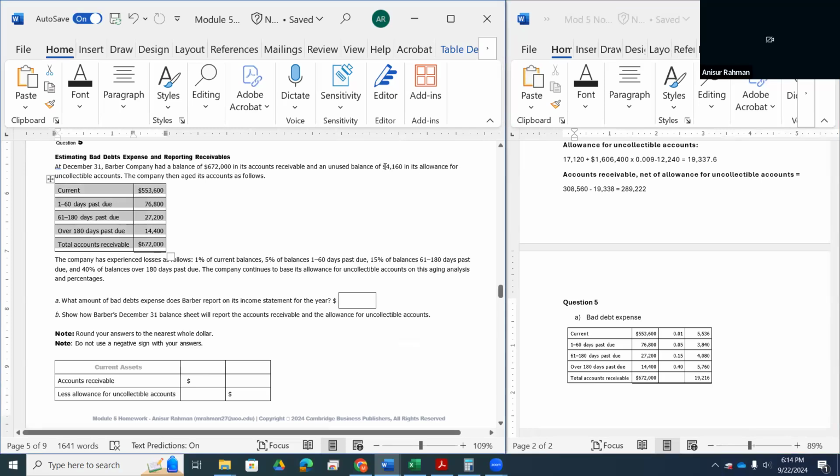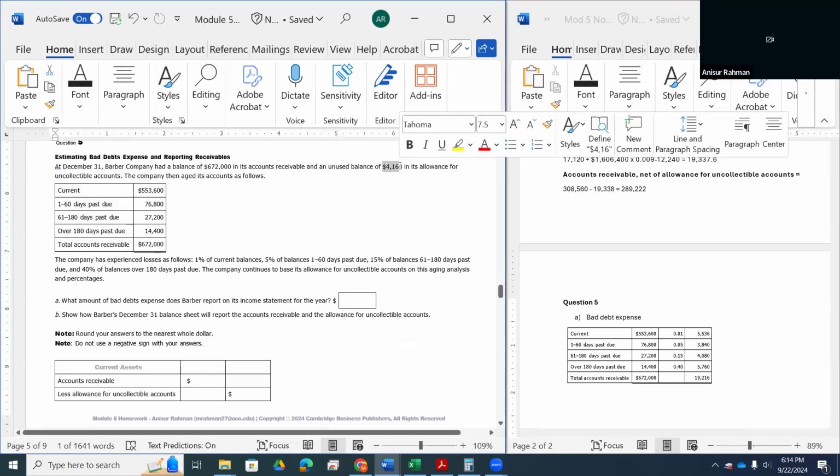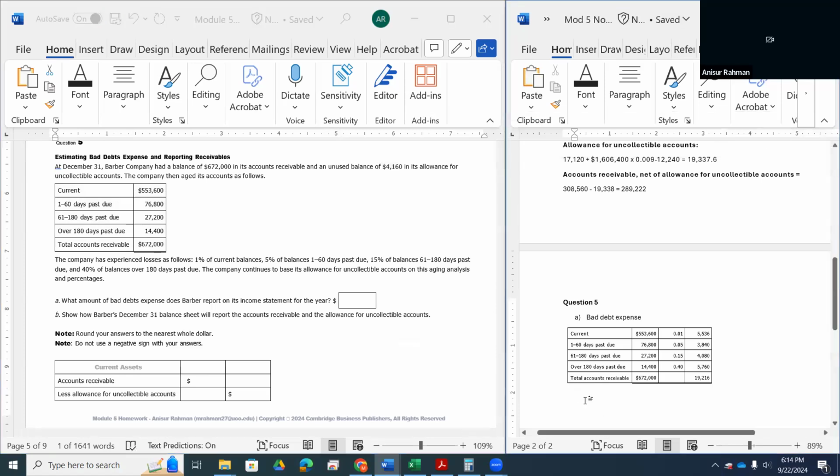So that means our bad debt expense will actually decrease by this amount because in the previous period, we already subtracted too much. So our bad debt expense will be 19,216 minus 4,160, our unused balance.